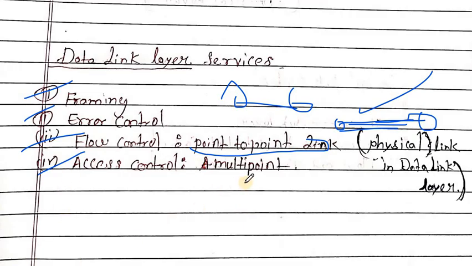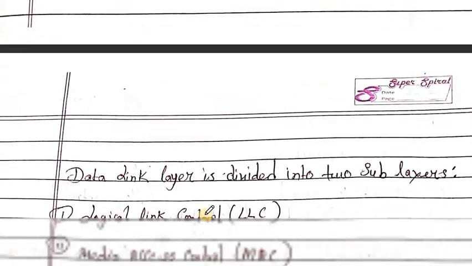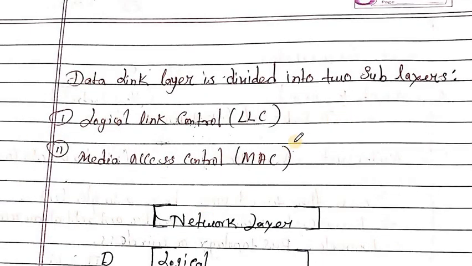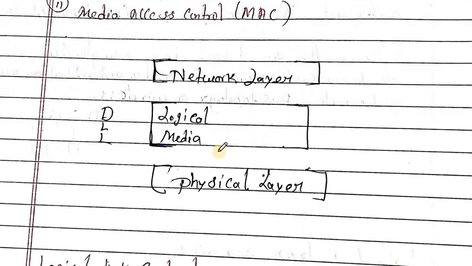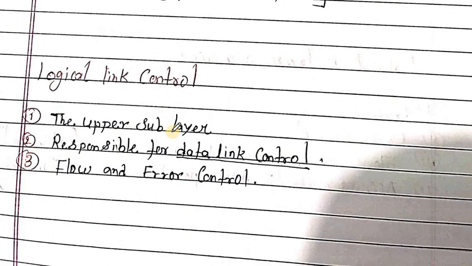The data link layer is divided into two sublayers: logical link control and media access control. Here the network layer is above, the physical layer is below, and the data link layer is divided into two parts. What is the logical link control?